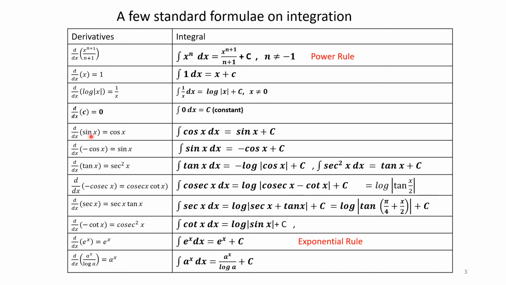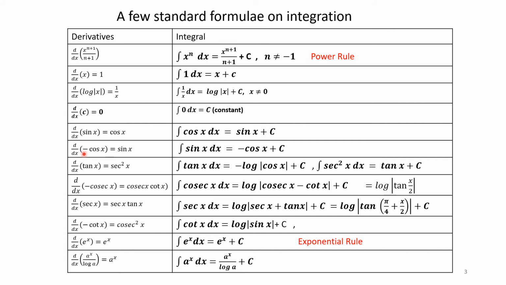Now, we will take up trigonometric functions. We know d by dx of sin x is cos x, whereas integral of cos x dx is sin x plus c. So, this is reverse of differentiation. Therefore, d by dx of minus cos x is equal to sin x.